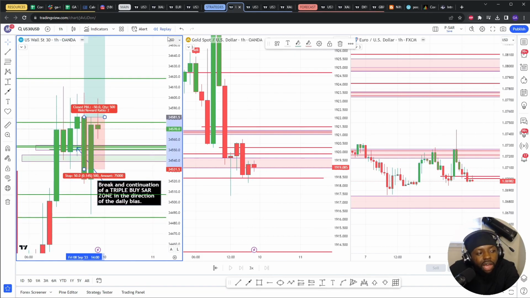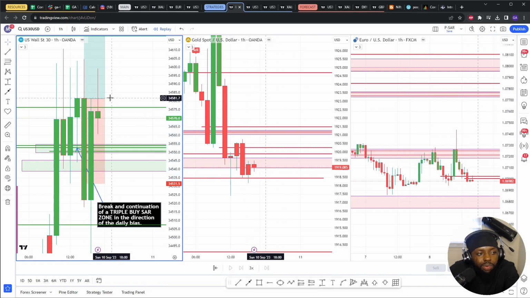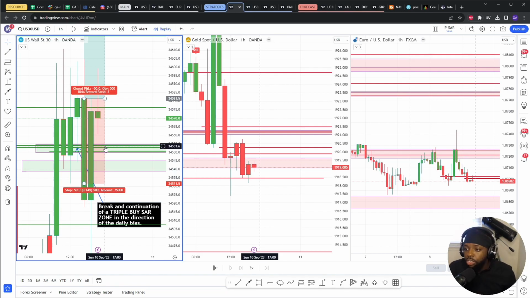In this instance, my entry point is 581 and the SARs at around 553. So if my stop loss is 50 pips and where I'm entering is 30 pips away from the SAR that I'm trading, the distance is about 70% of my stop loss.